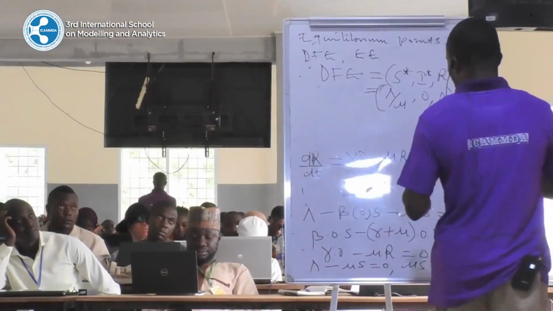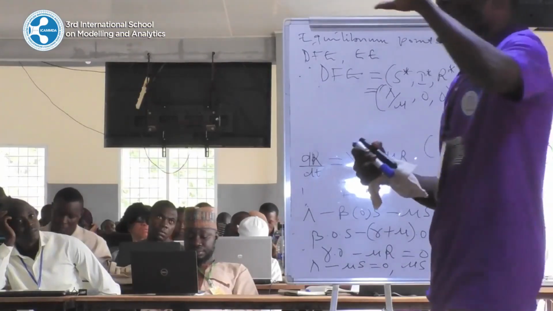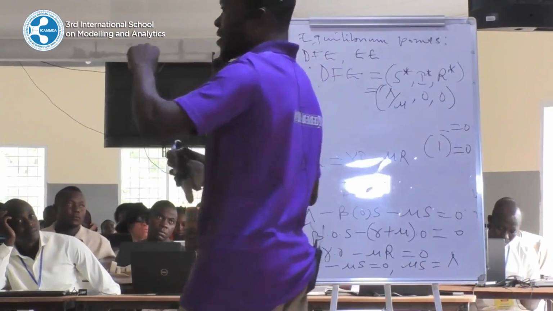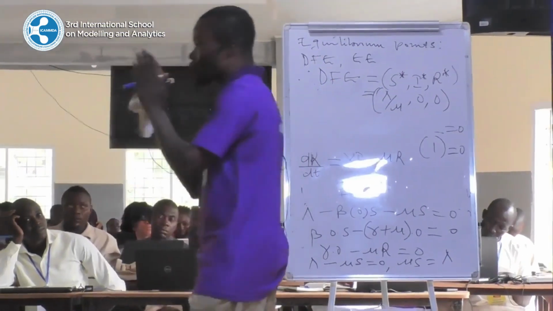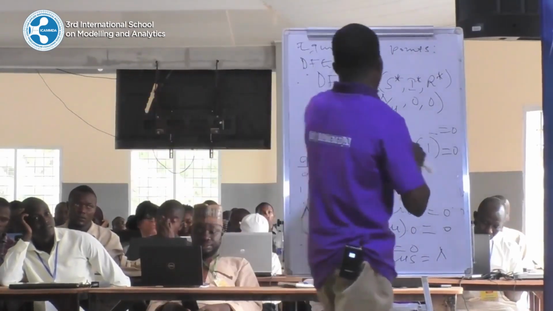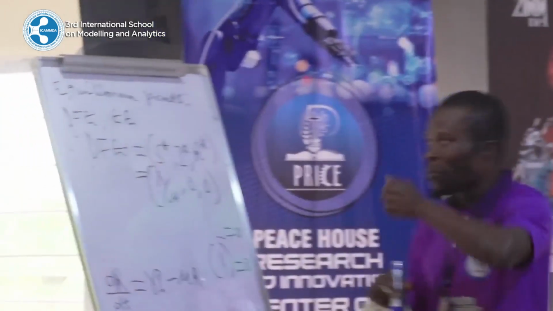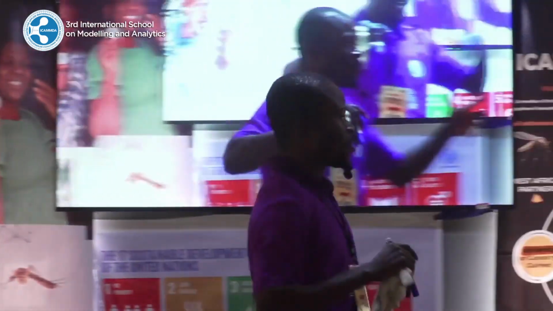So the S star, you can see that we have moved from S to S star because we are looking at the solution at equilibrium point. It is no longer S. It becomes a solution point, isn't it? So in order to distinguish between S and the equilibrium solution, we change that to S star, because that solution was obtained at equilibrium point when there is no variation.